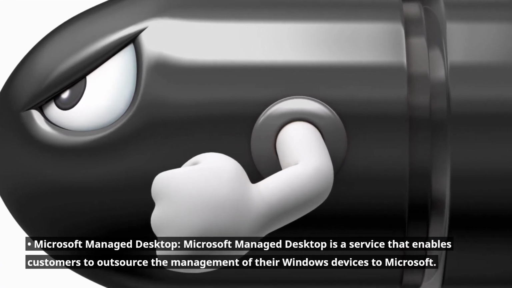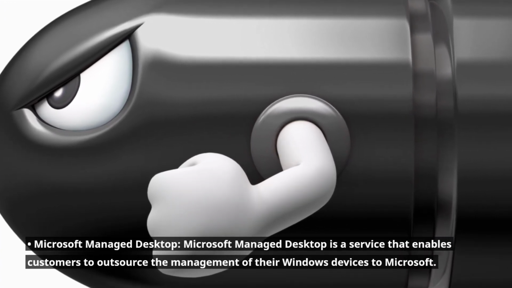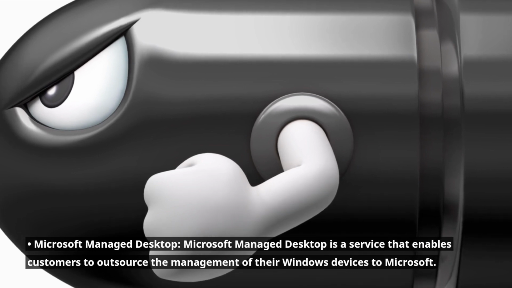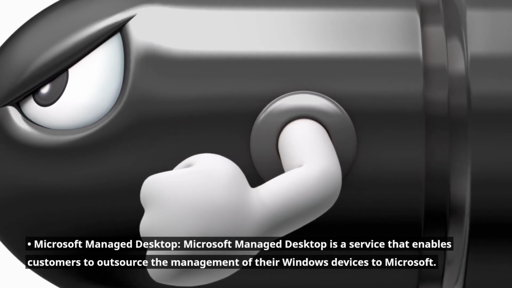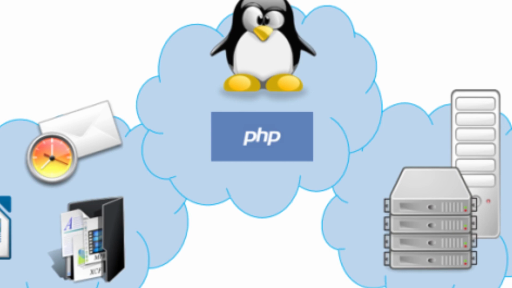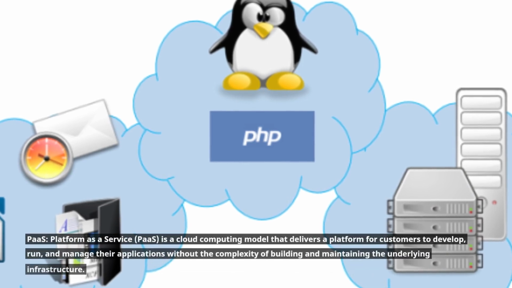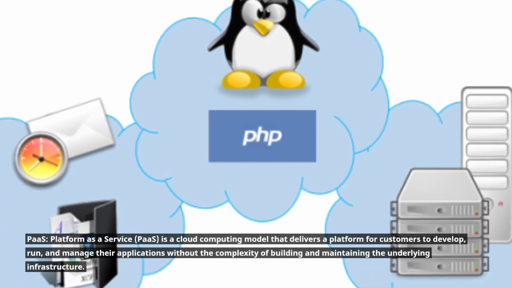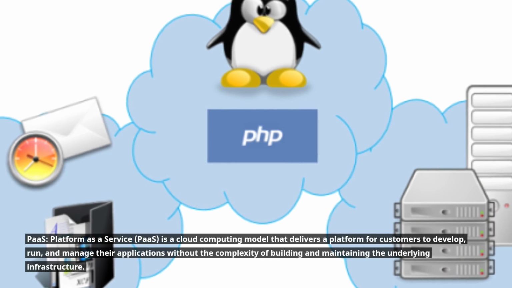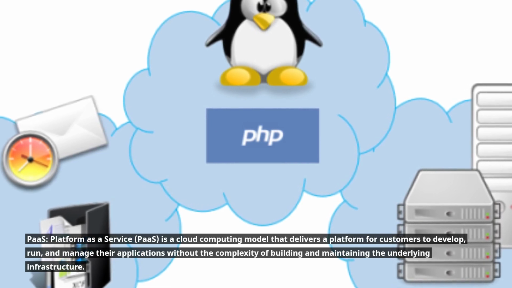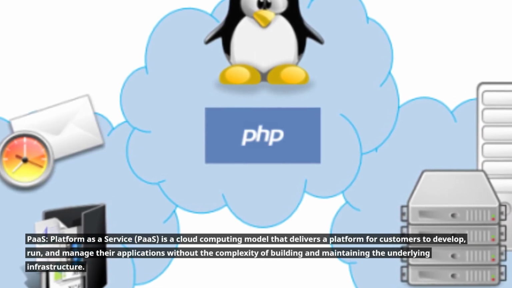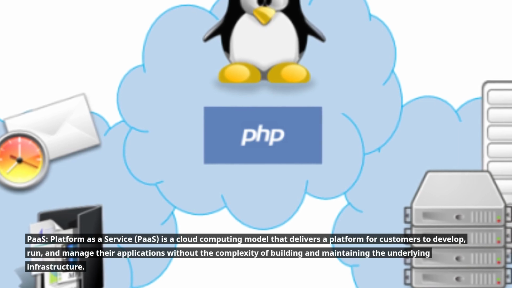Microsoft Managed Desktop. Microsoft Managed Desktop is a service that enables customers to outsource the management of their Windows devices to Microsoft. PaaS. Platform as a Service, PaaS, is a cloud computing model that delivers a platform for customers to develop, run, and manage their applications without the complexity of building and maintaining the underlying infrastructure.